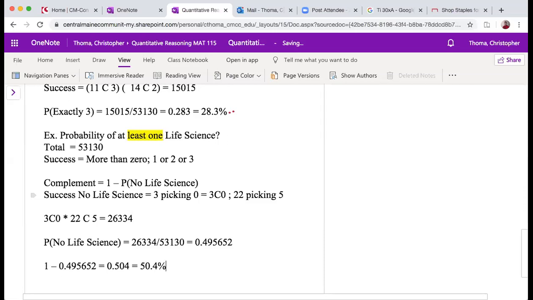So there's a 50.4% chance that I get at least 1 life science out of picking 5 students, which surprises me. It's that high. I feel like I did something wrong. This seems really high, but I guess it's not. Let me check if I messed up my math somewhere. 3 plus 22 is 25. 0 plus 5 is 5.